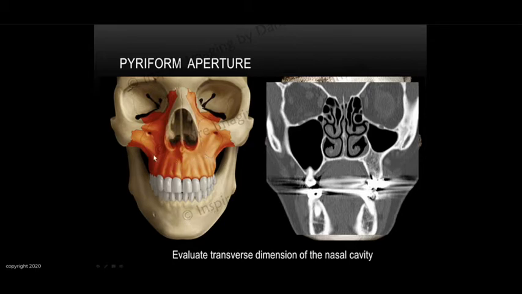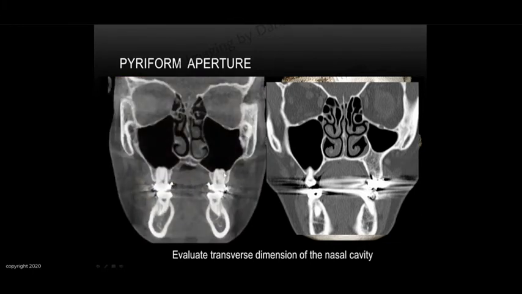See, the maxilla makes up not only the arch, but also part of the nasal cavity. So if there is narrowing of the maxillary arch, sometimes we also have narrowing of the nasal cavity. And this is one of the things that narrows the straw at this level. Now, I'll talk about why this happens when we get into the TMJ section.